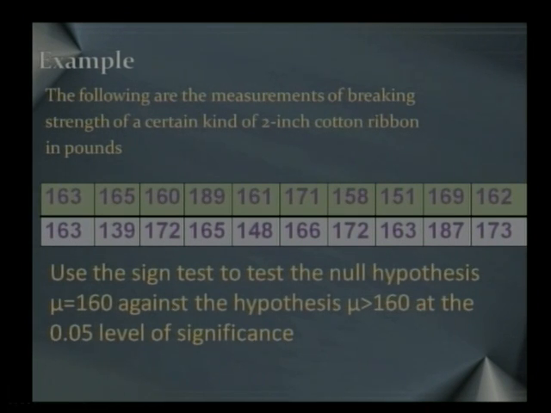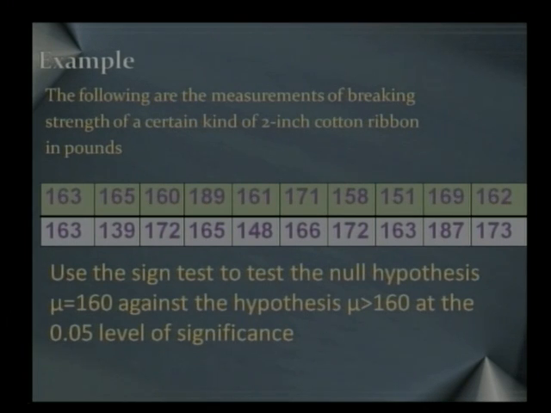Use the sign test to test the null hypothesis mu equal to 160 against the alternative hypothesis mu greater than 160 at the 5% level of significance. So here our mu is 160.